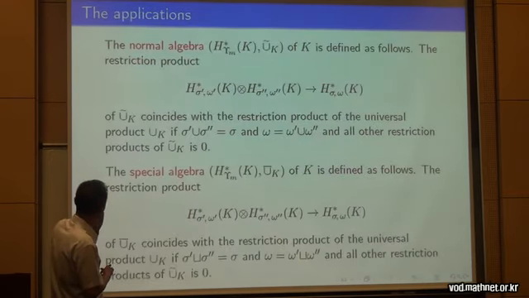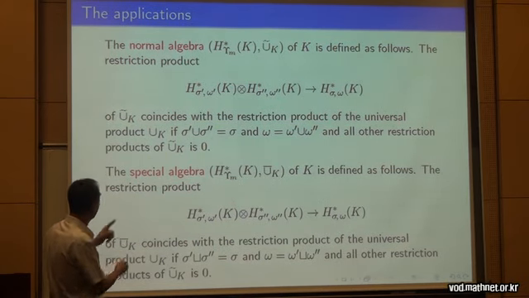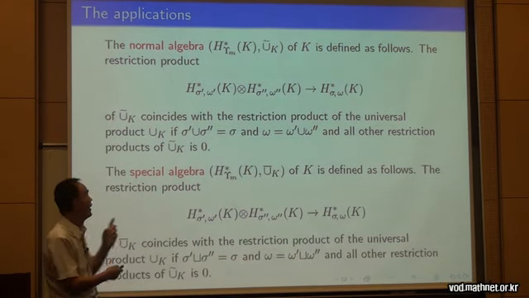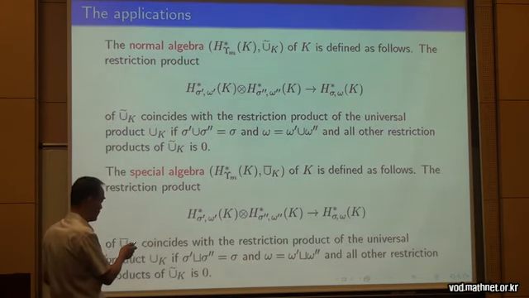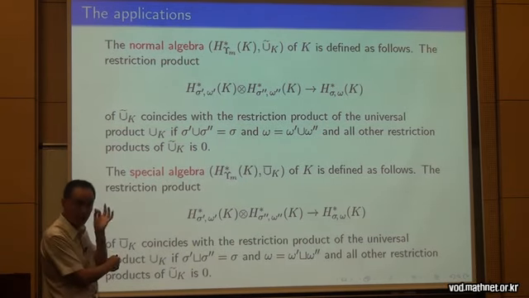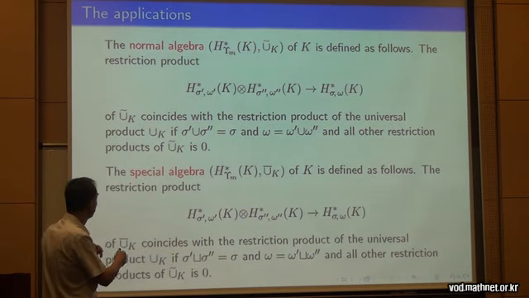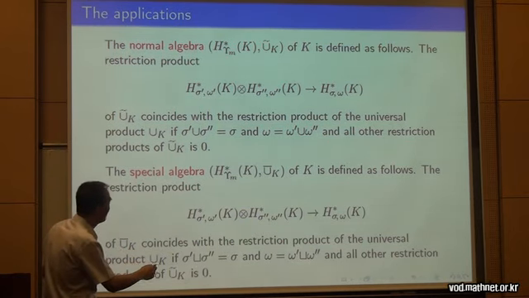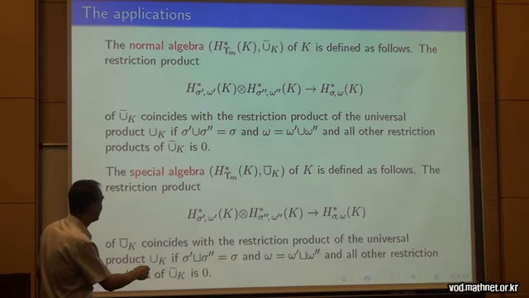Let's see the applications. For example, we have several different products on this total cohomology group. We have the universal product that is not associative, but the normal is associative because we require this to be 0 except it satisfies this equation, so this condition.